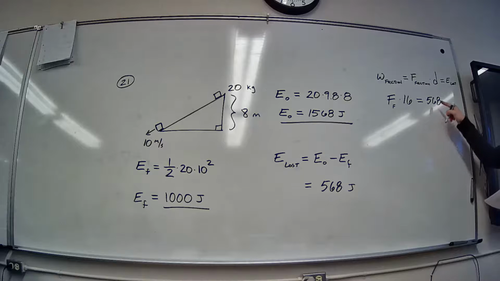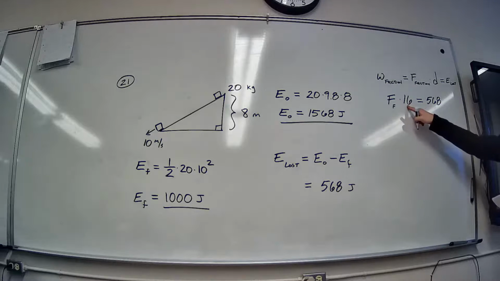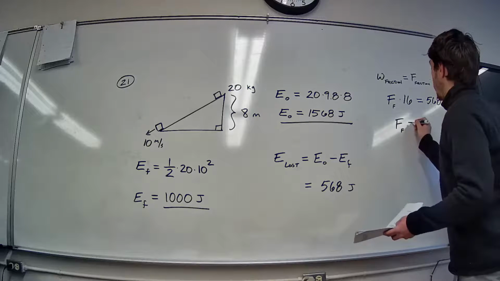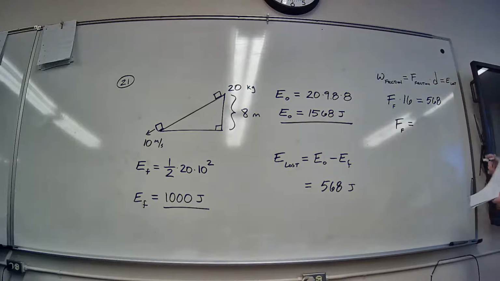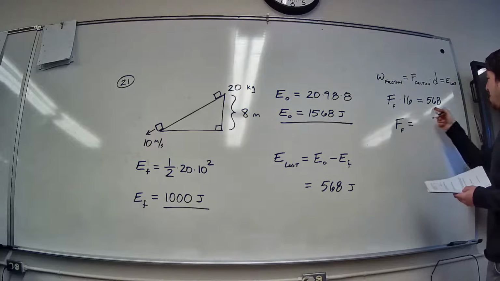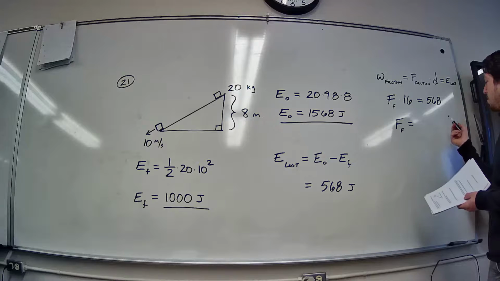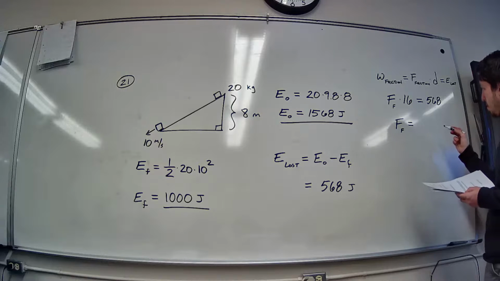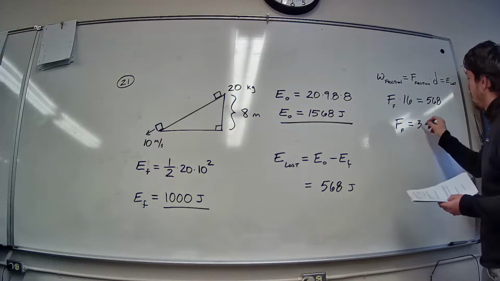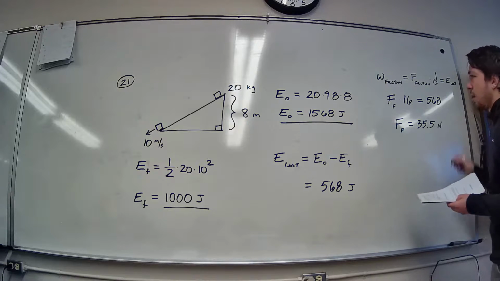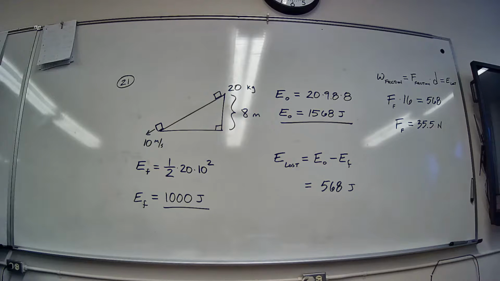So this is how much work the friction did. This is the distance over which that force was exerted. So we're going to calculate the friction force. What does that come out to be? Okay, great.